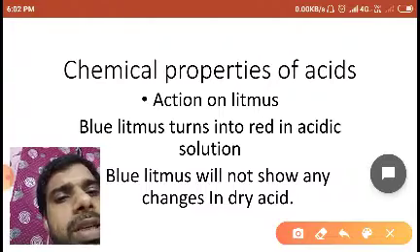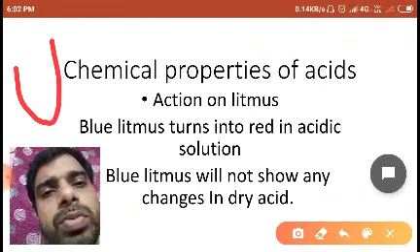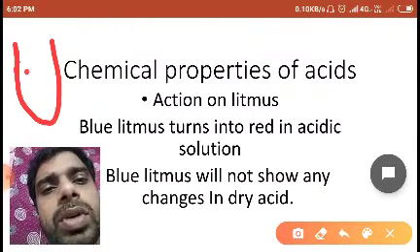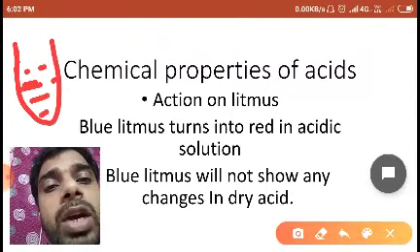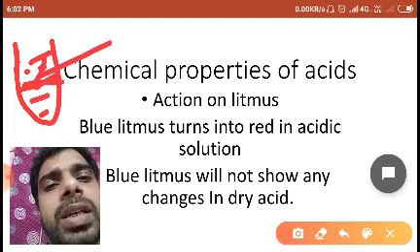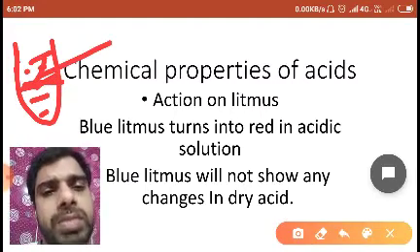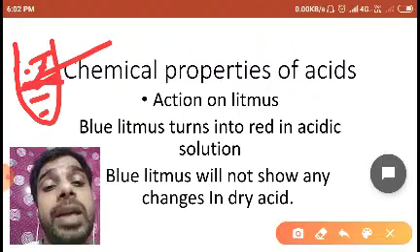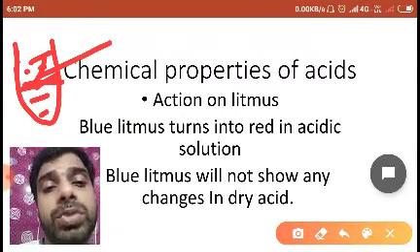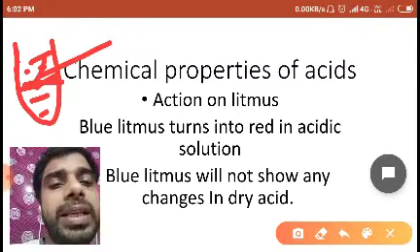So if I take one test tube, and in that test tube there is an acidic solution, meaning a solution of an acid, if it is lemon juice, dilute HCl, dilute H2SO4, any acids.